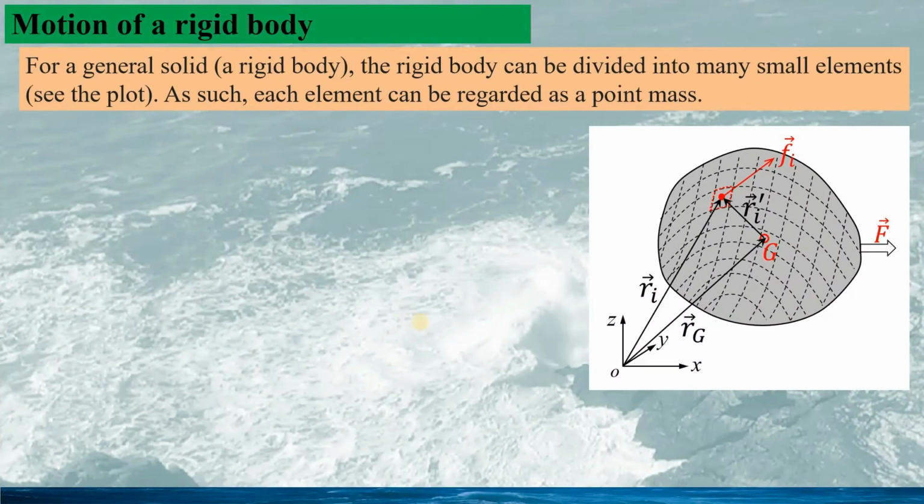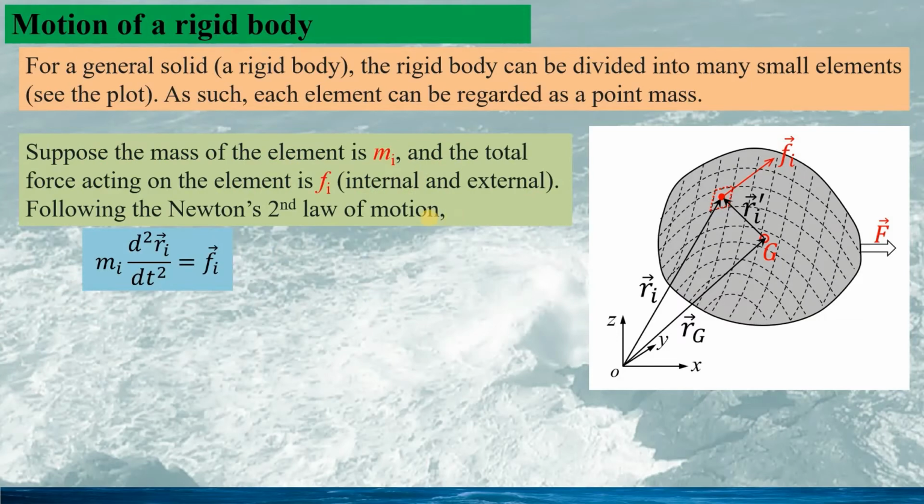Fluid motion has no similarities with the motion of a point mass, but would be quite similar to the motion of a rigid body. Thus here, the motion of a rigid body is discussed.